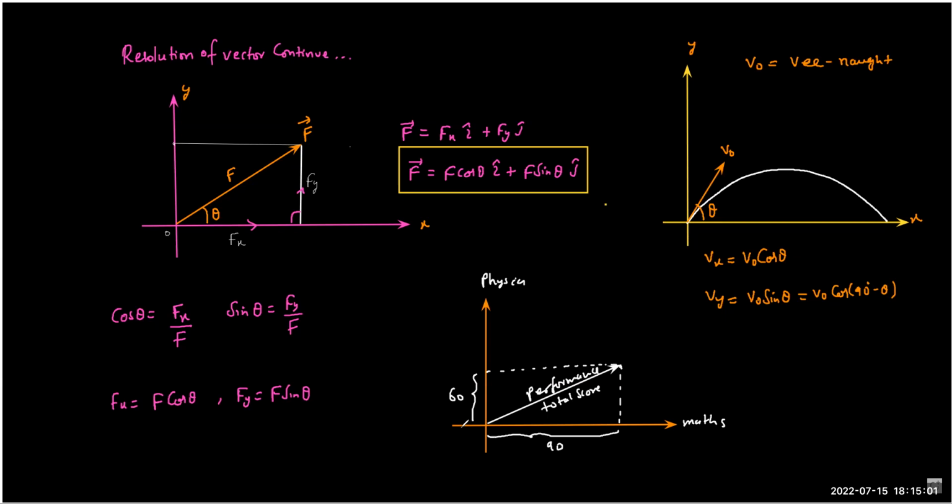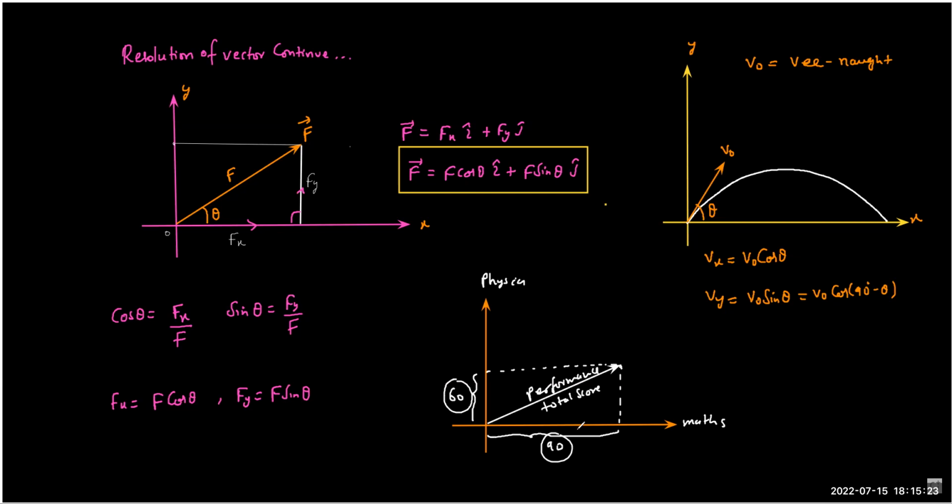So if I want to know what the total score is, 60 and 90 are sufficient to recreate the total score. So we say that 60 and 90 are the components of the total score vector. Okay. So that's the whole idea.